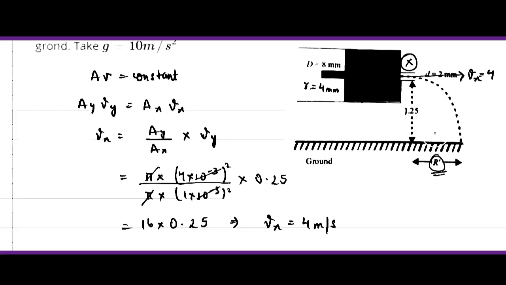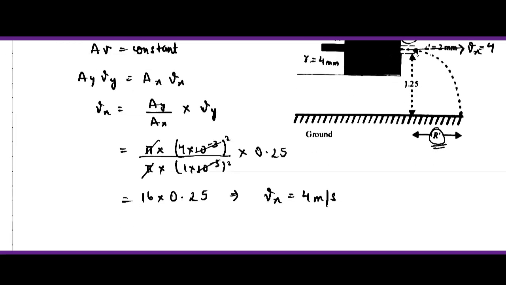So the time taken by the water to fall from this point and to reach this point will be the same, see, water will take the same time to cover this vertical distance as well as this horizontal distance, right? So let's first calculate the time taken by the water to cover this vertical distance, which is 1.25 meter.